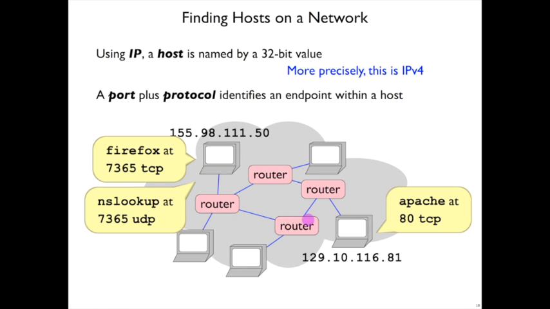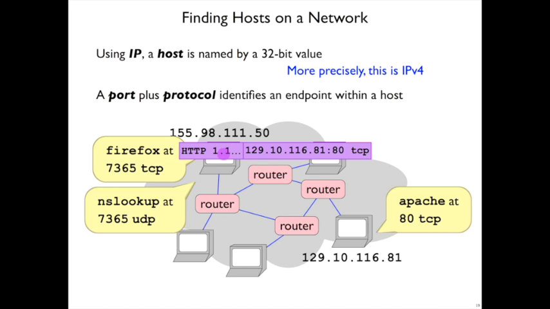Meanwhile, if Firefox is trying to contact the web server over here, it will use not only this address, but also the port number 80, because 80 is the port number that's used by web servers. So the Apache web server would be listening for connections at port 80 using TCP.